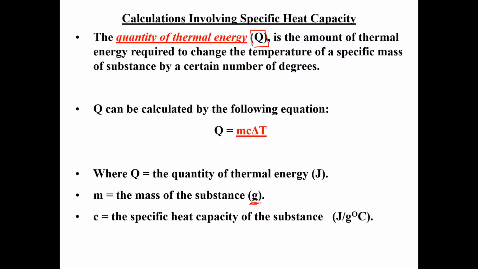And finally, change in T. Sometimes I will try to avoid using little t because we have studied that for time in physics. We'll use big T for temperature. So the change in temperature is still the same: temperature final minus temperature initial.